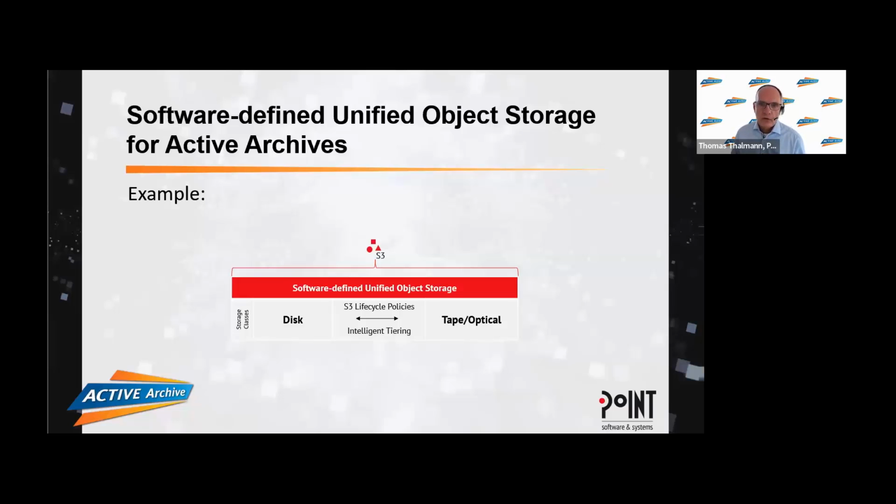So an object storage gives us the perfect deployment to use the benefits of different technologies under one namespace. So in summary, we think that a software-defined object storage would be a perfect approach to realize an active archive.